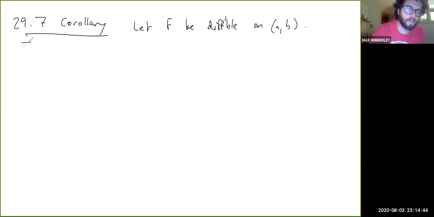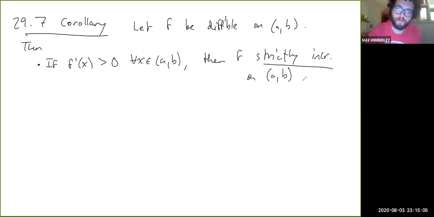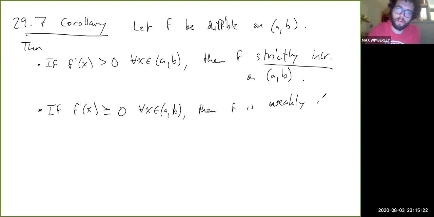Then, so if f prime of x is greater than 0 for all x in AB, then f is strictly increasing on AB. If f prime of x is greater than or equal to 0 for all x in AB, then f is weakly increasing on AB.